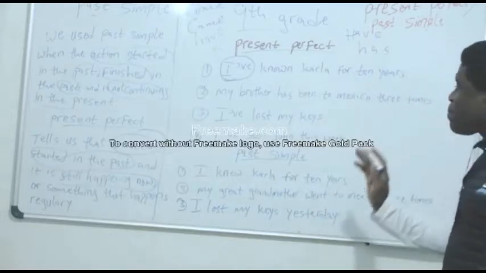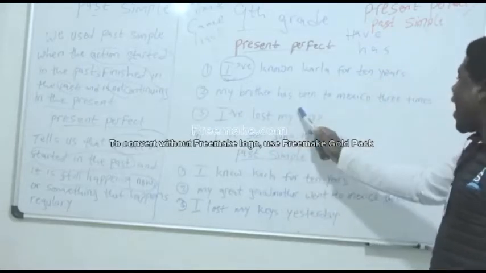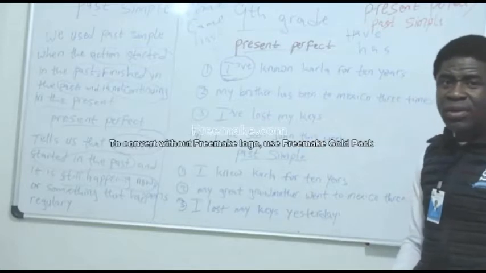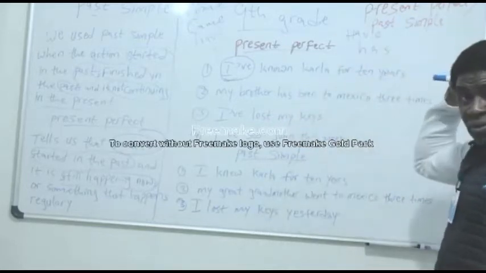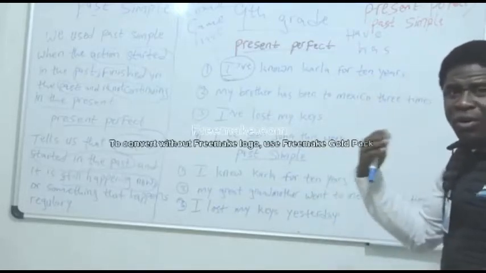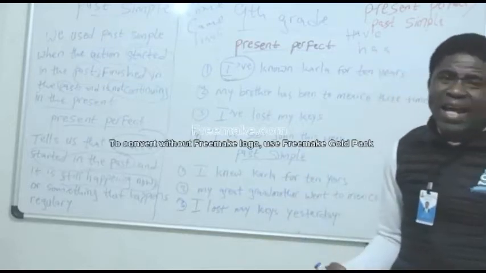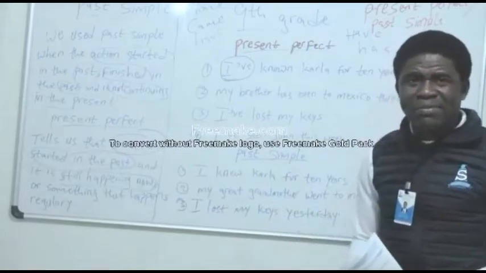My brother has been to Mexico 3 times. He has been to Mexico 3 times. The activity is still happening now. Because of time, I will just brief everything because we don't have much time for this.